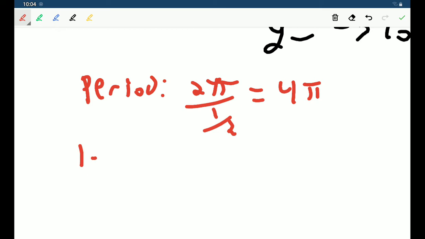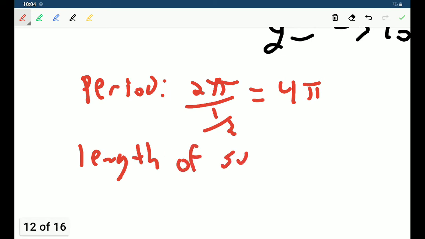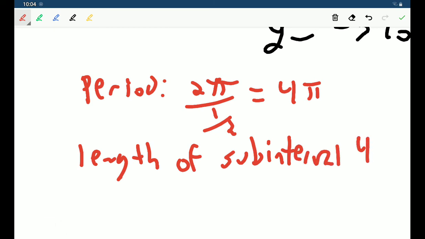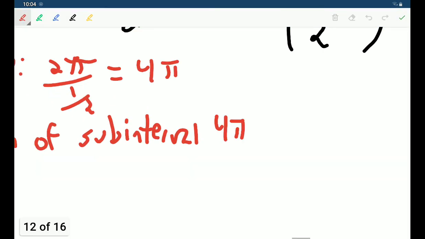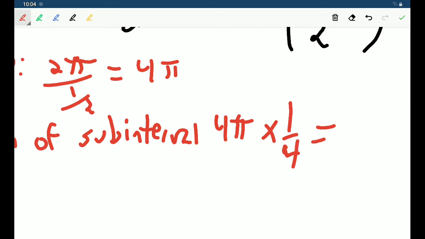And for the length of the subinterval, that would be 4 pi times a quarter. Because we have 4 subintervals, we're taking our period and chopping it into 4 equal-sized pieces, and that would be pi.